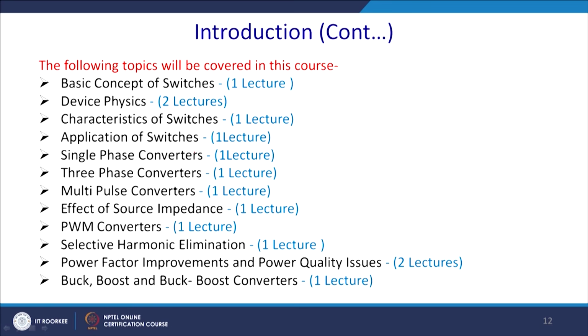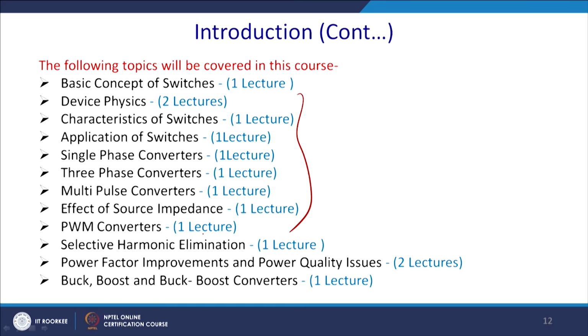Then we will go to the single phase converter, 3-phase converter, and thereafter the multi converter and the effect of the source impedance. This is all our AC to DC conversion mainly. Then the PWM converter.